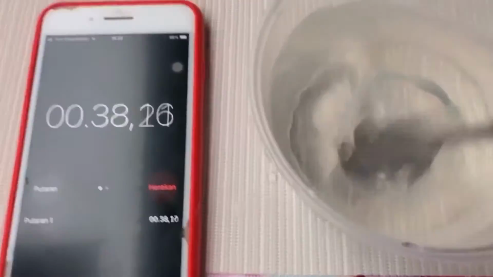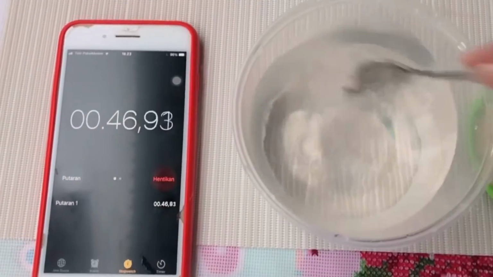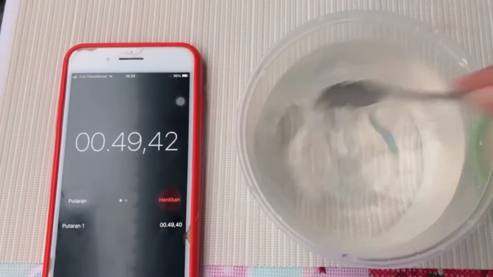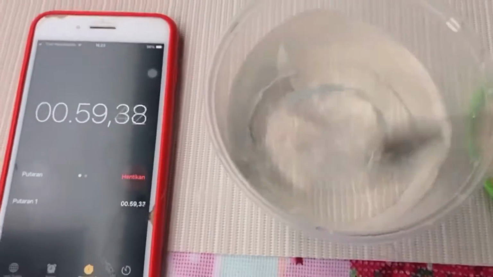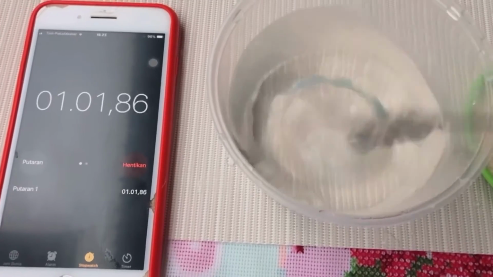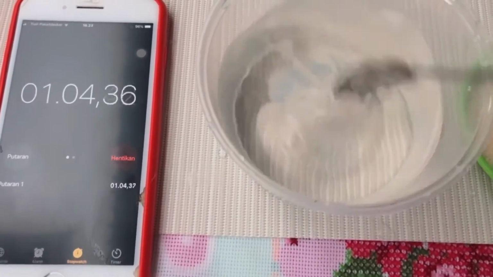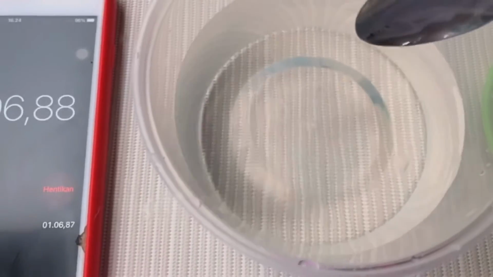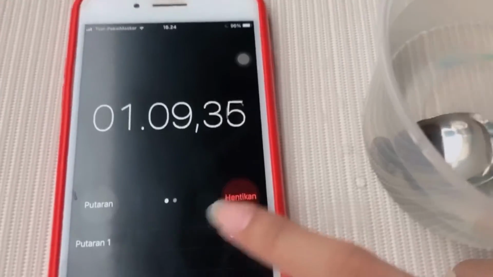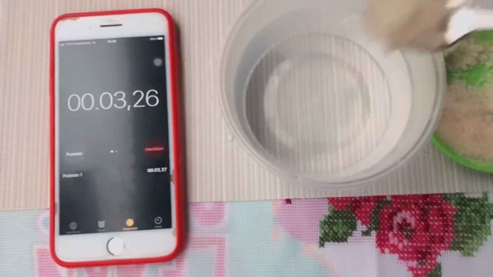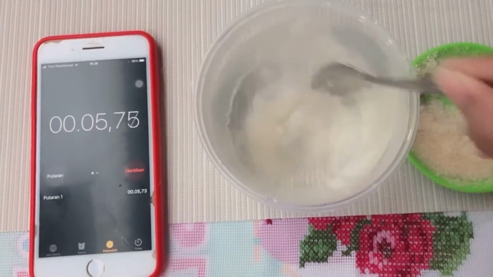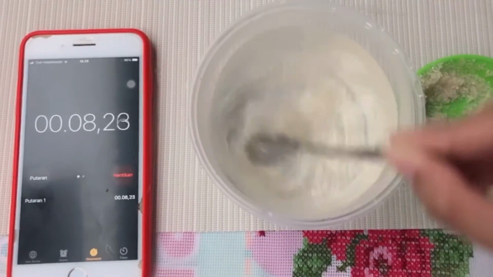In this first part of experiment 2, I am using plain water. The next step in experiment 2 is the same as the previous step, but this time using boiling water.